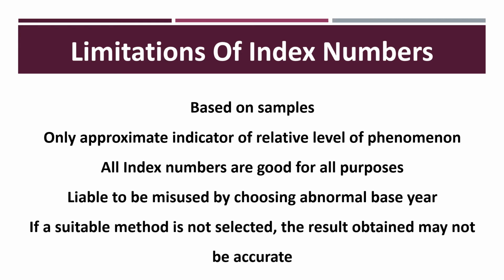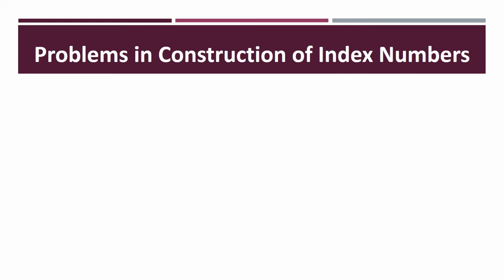There are different methods for calculation of index numbers. So if a suitable method is not selected, the result obtained may not be accurate. It is not very easy to construct an index number. A number of difficulties have to be encountered while we are constructing the index numbers.